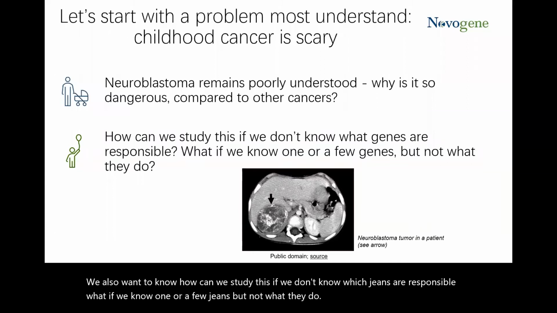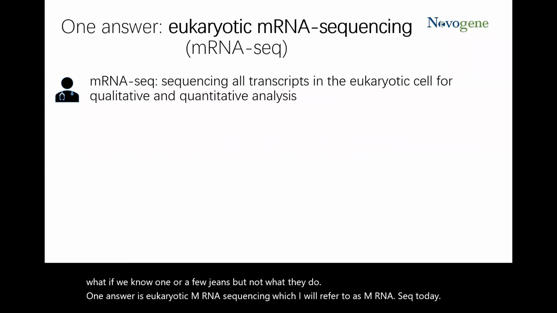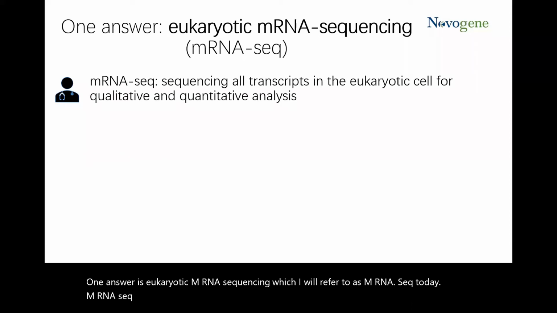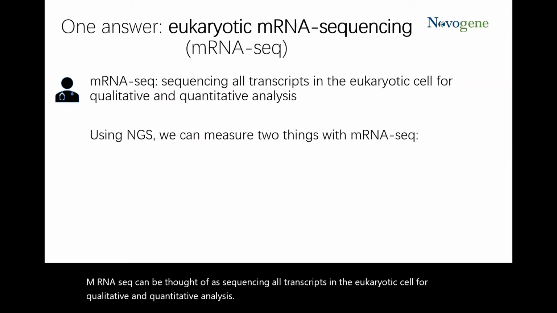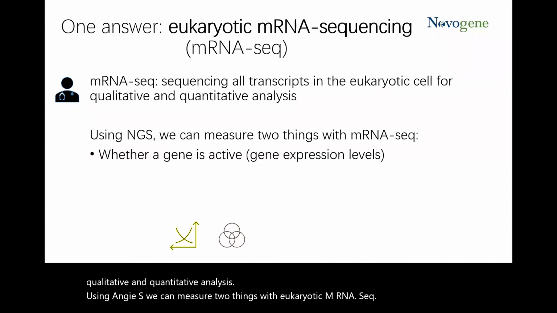One answer is eukaryotic mRNA sequencing, which I will refer to as mRNA-Seq today. mRNA-Seq can be thought of as sequencing all transcripts in the eukaryotic cell for qualitative and quantitative analysis. Using NGS, we can measure two things with eukaryotic mRNA-Seq. The first is whether a gene is active.